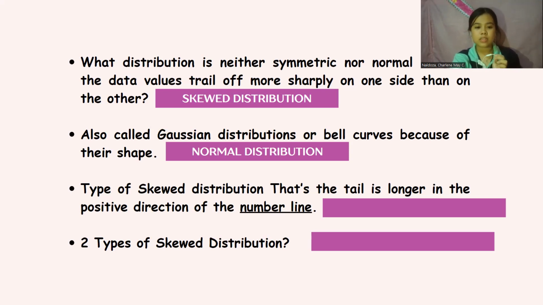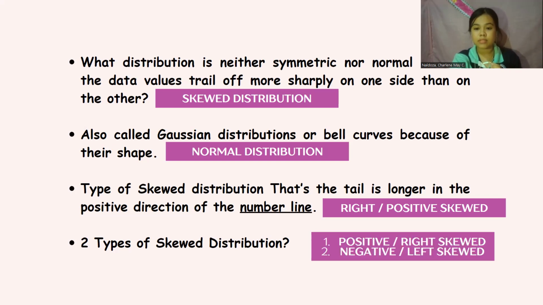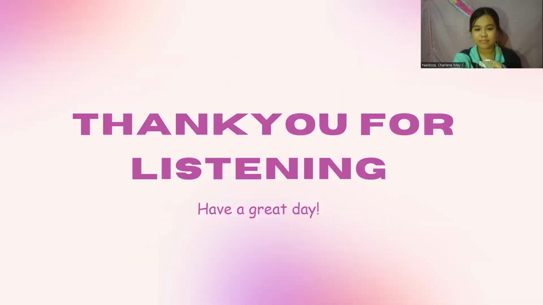Next, the tail is longer in the positive direction of the number line. So this is right or positive skewed. And lastly, two types of skewed distribution: the positive or right skewed, and the negative or left skewed.